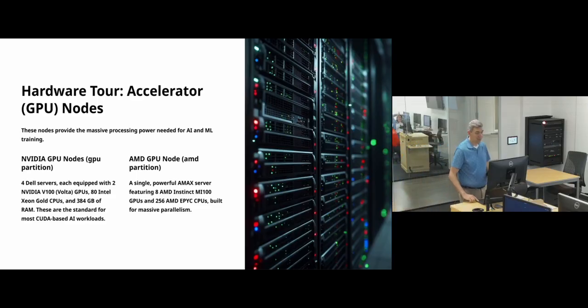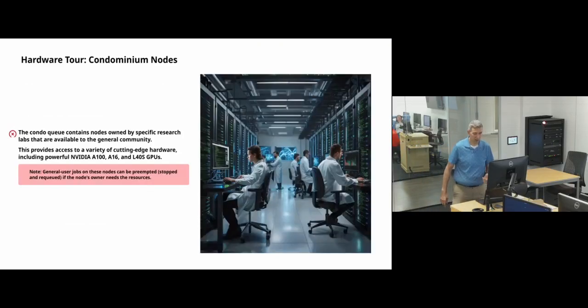But in addition to that, we also have a whole bunch of additional servers, additional nodes that are called condominium nodes. So these are nodes that belong to some research lab. Like my research lab has 4 condominium nodes. Professor Ignat's lab has a condominium node, and so on and so forth.